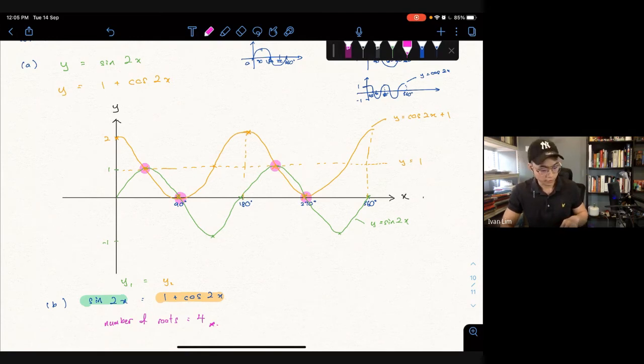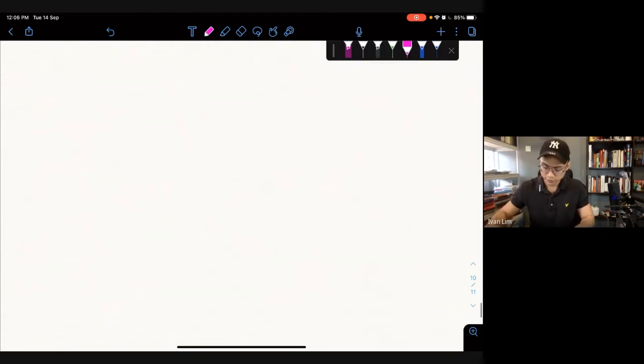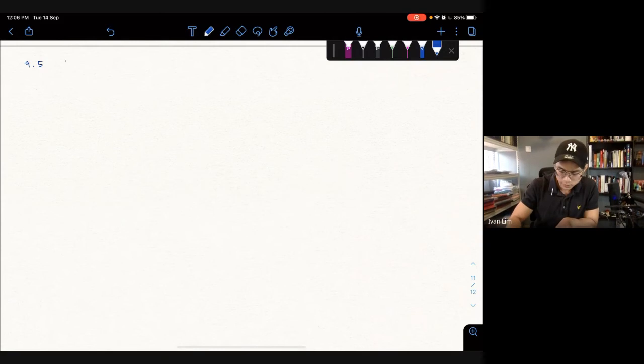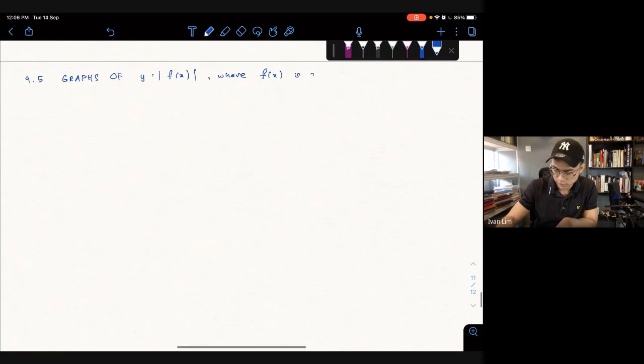Okay, do we have time? I think let's finish up the graph. Turn to 9.5, page 205. This is graphs of y equals modulus f(x), where f(x) is a trigo function.